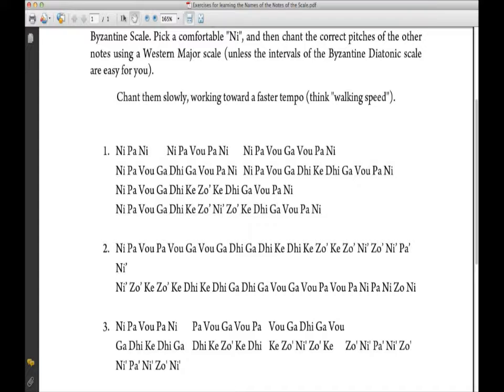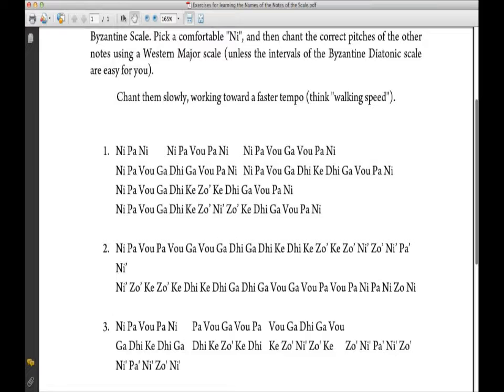Is that okay? It's confusing because it apparently ascribes absolute values as opposed to just reading the music. Well, now we're just reading the names of the scales, and this is just a way of getting used to the names, mostly for a Western audience, because I never heard about Nipavu until I started learning this stuff. Let's do number three, and then we'll skip on to some actual things.